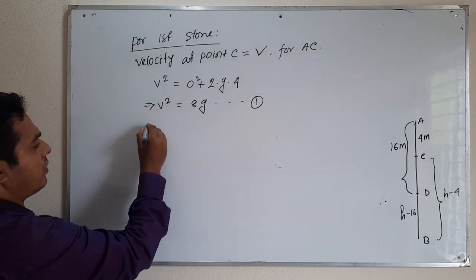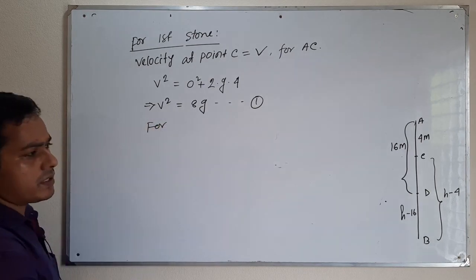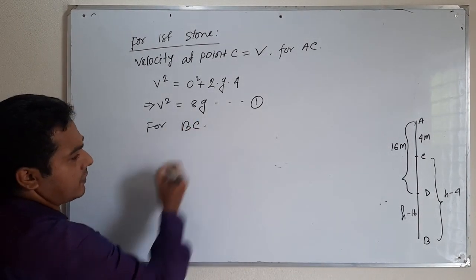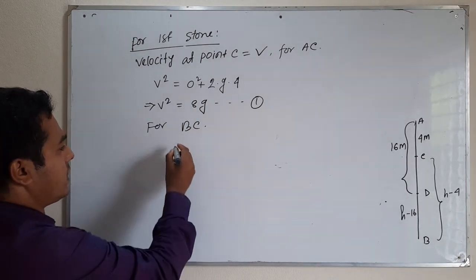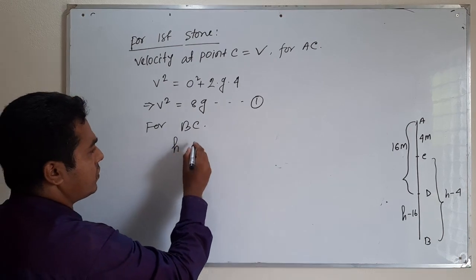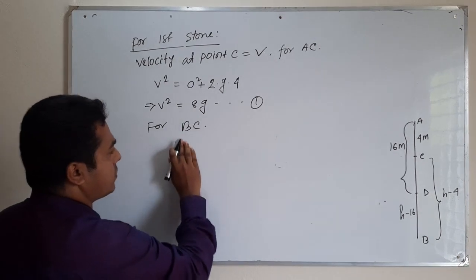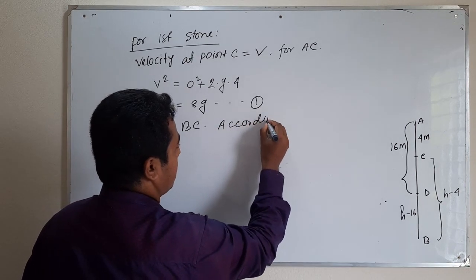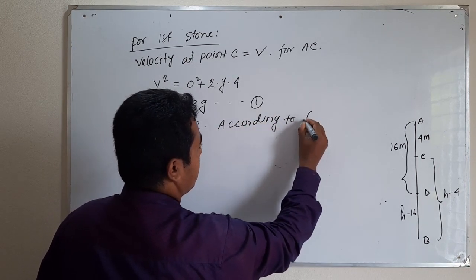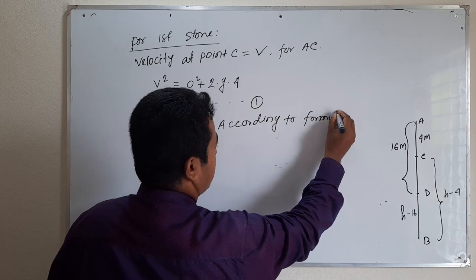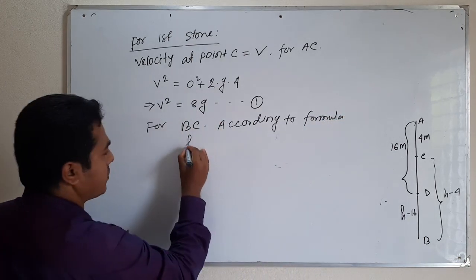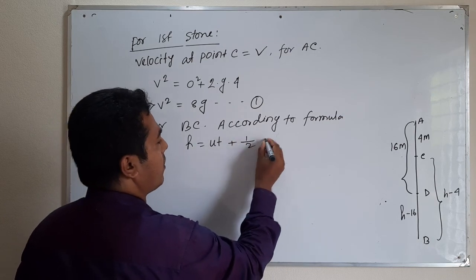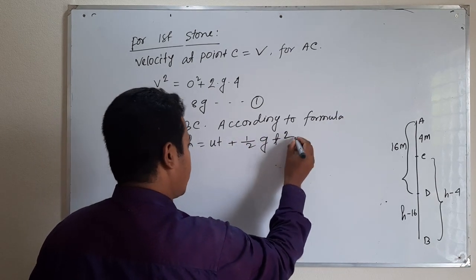For the distance BC, according to the formula, H is equal to UT plus half of GT square.